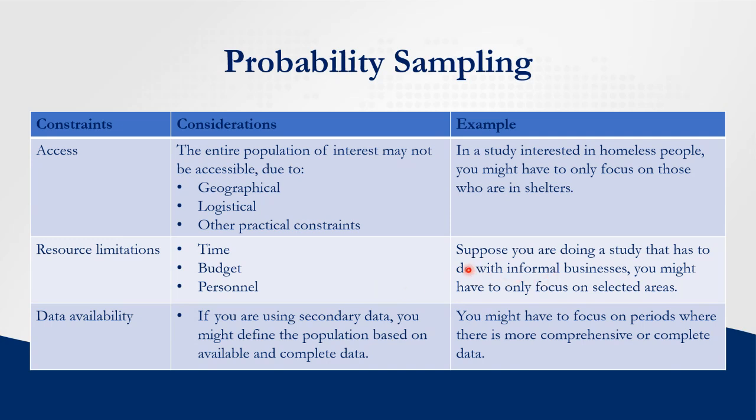If you think of an example of when you want to study informal businesses, in some areas you find that there are associations, and because of those associations, there are lists of informal businesses. But in other cases, you don't have a list, which means that for you to access these informal businesses, you must walk.